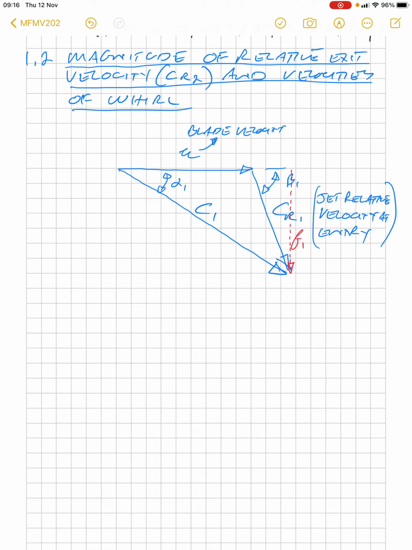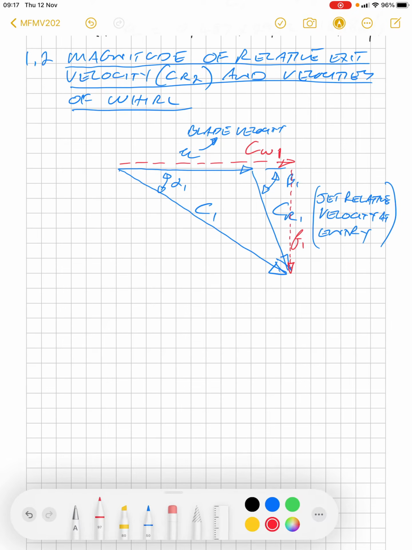It's a component, and then here would be CW1, and that is the velocity of whirl, CW1. Alright, so those are all the inlet velocities related to the jet and the blade.